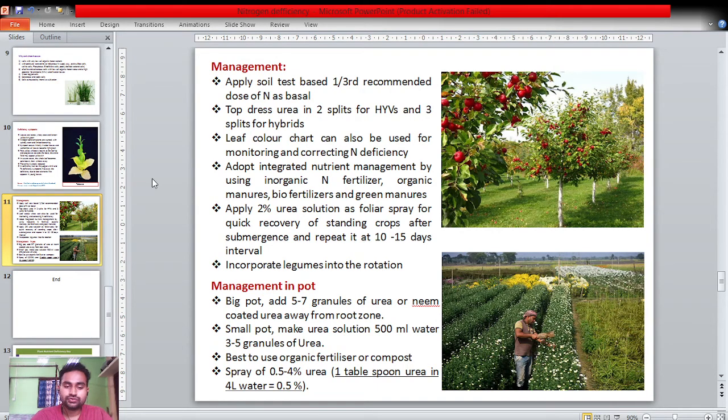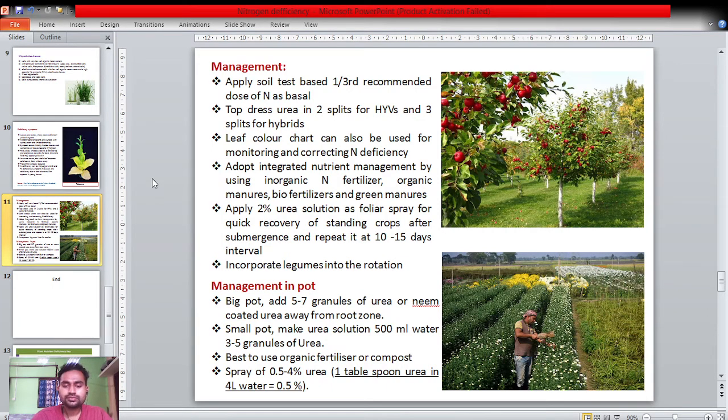This is approximate, and it will give 0.5% urea. I'll repeat again: 1 tablespoon of urea in 4 liters of water. After mixing it properly, we can spray it 2 or 3 times, depending on our condition.